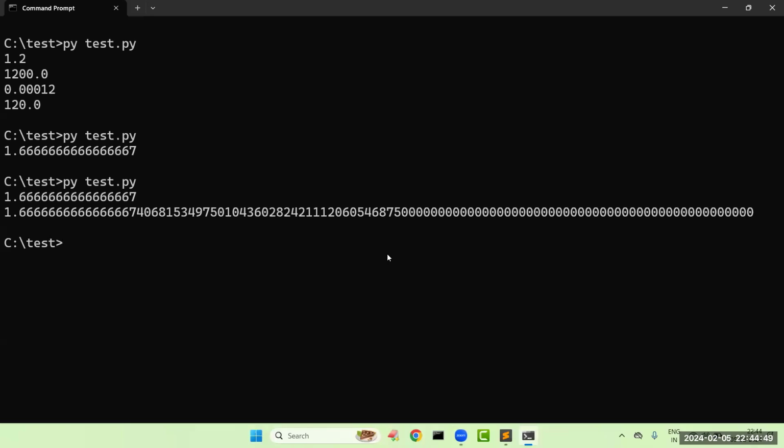These languages are implemented to return accurate values only, maybe up to this point. No, it is not. If you divide 5 by 3, it always becomes 1.66666 only.